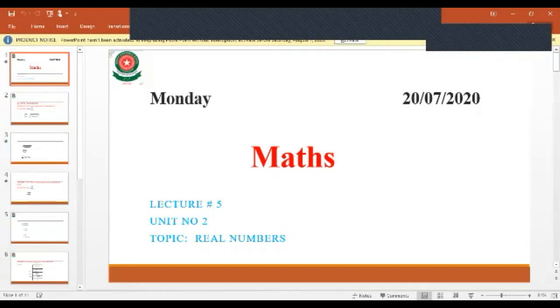If we take the square root, this is the symbol of square root. As you know, for the square root of 64 by 100, first of all do the prime factorization.